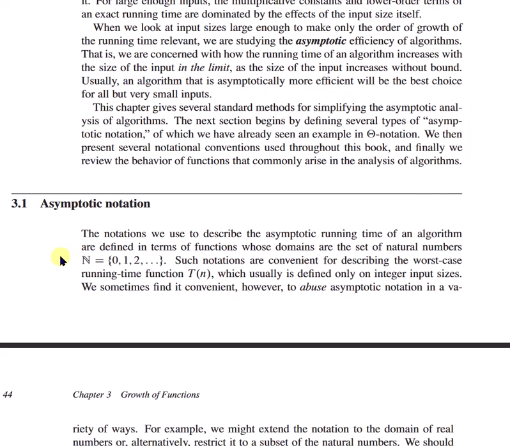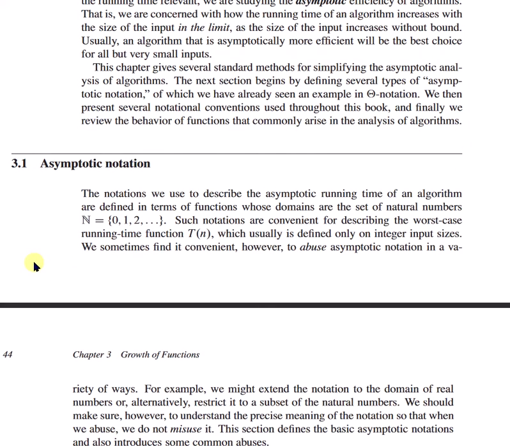Asymptotic notation. The notations we use to describe the asymptotic running time of an algorithm are defined in terms of functions whose domains are the set of natural numbers. Such notations are convenient for describing the worst-case running time function, which usually is defined only on integer input sizes.